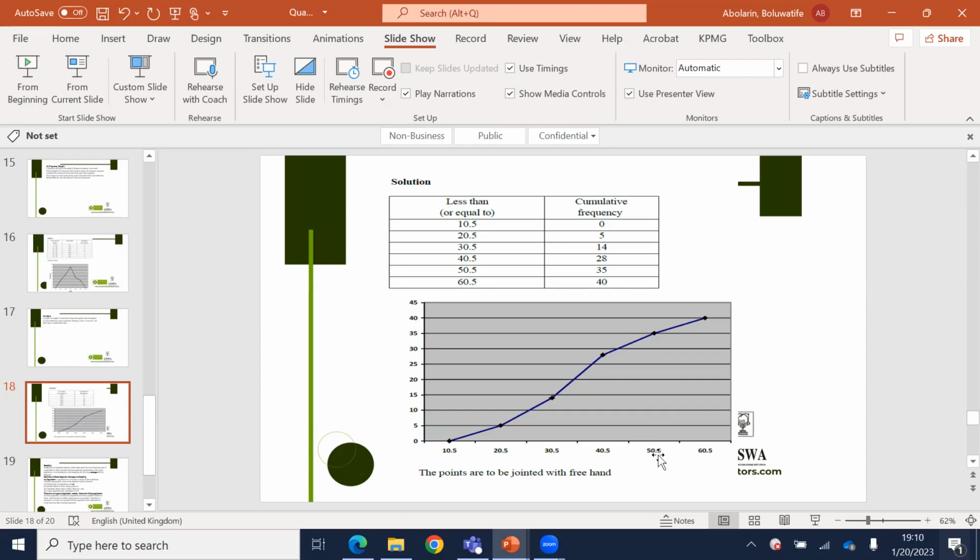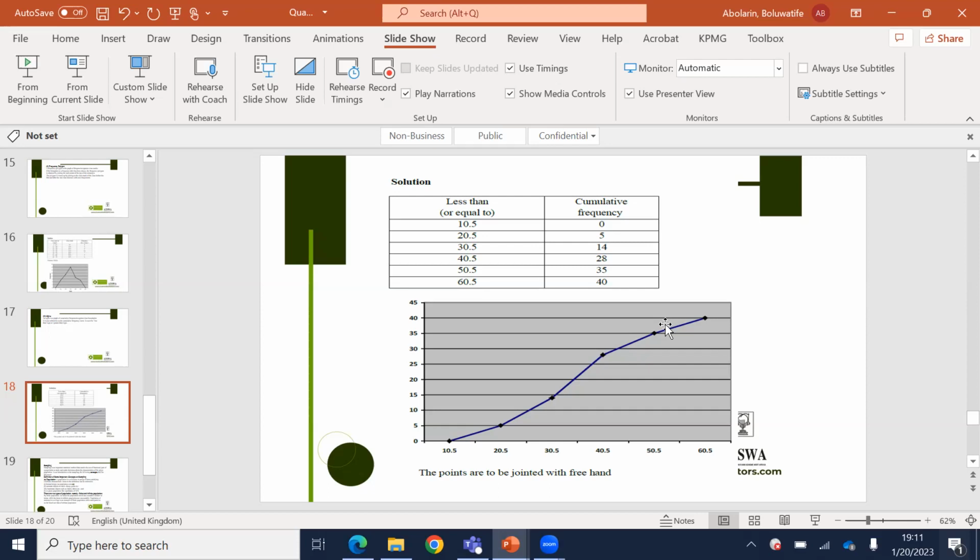Then 50.5 gives us 35, so you trace where 35 is. At 60.5 you trace where 40 is. So you will now draw a line to join all these dots together.